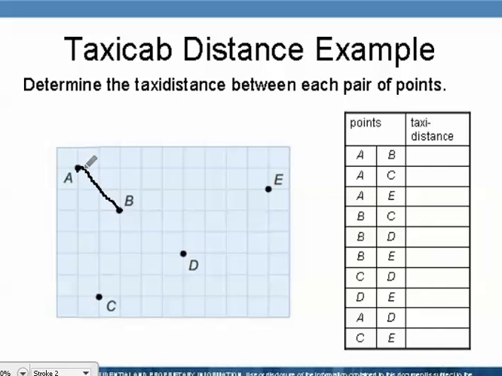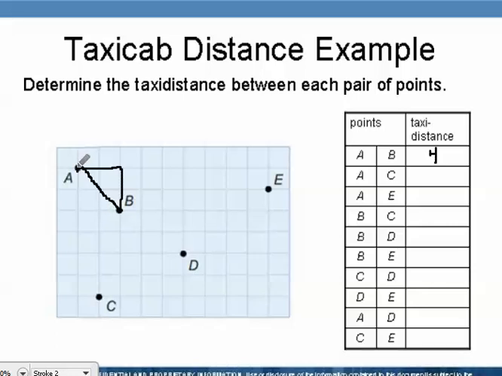We've got to go along the roads and follow the roads along. So it's 2, 3, 4. So the distance from A to B is actually a 4. Where if we had used the strict geometry definition, it would have been 2 times the square root of 2. And it would have been a slightly different answer.